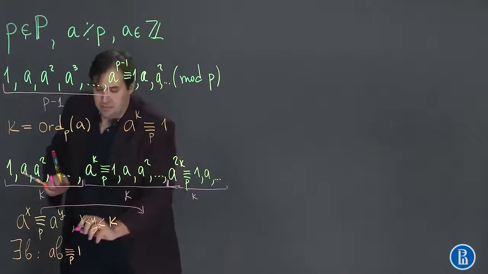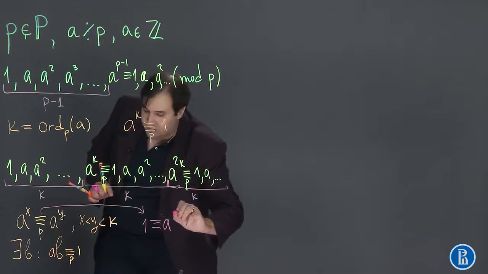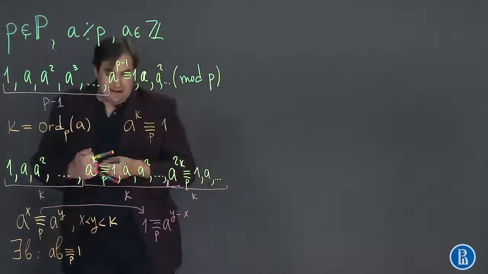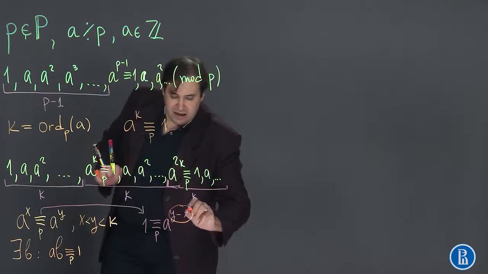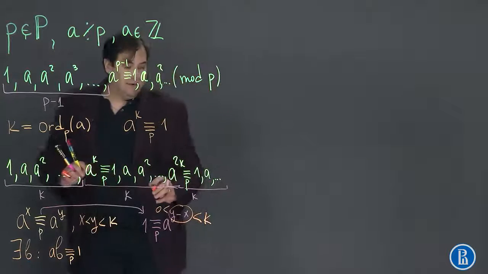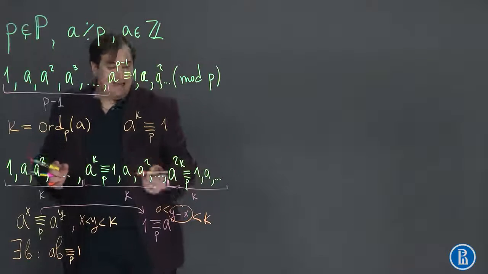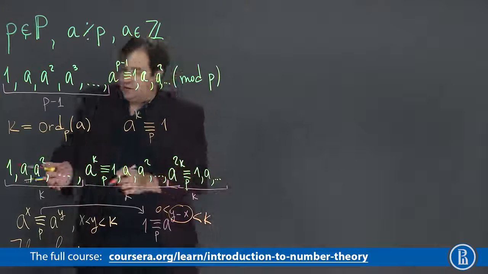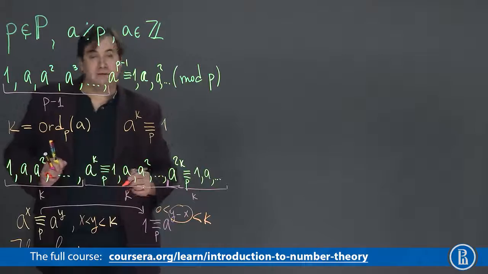Multiplying by B to the power of x, we have 1 is congruent to A to the power of y minus x modulo P, and we understand that it's quite weird because this power is surely positive and less than K at the same time. So we have a contradiction with the assumption that K is the order of A. Finally, all these elements are distinct modulo P.